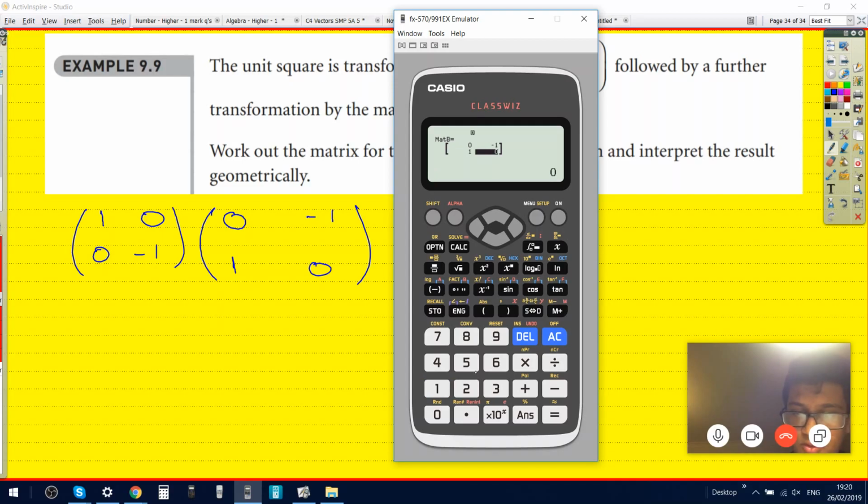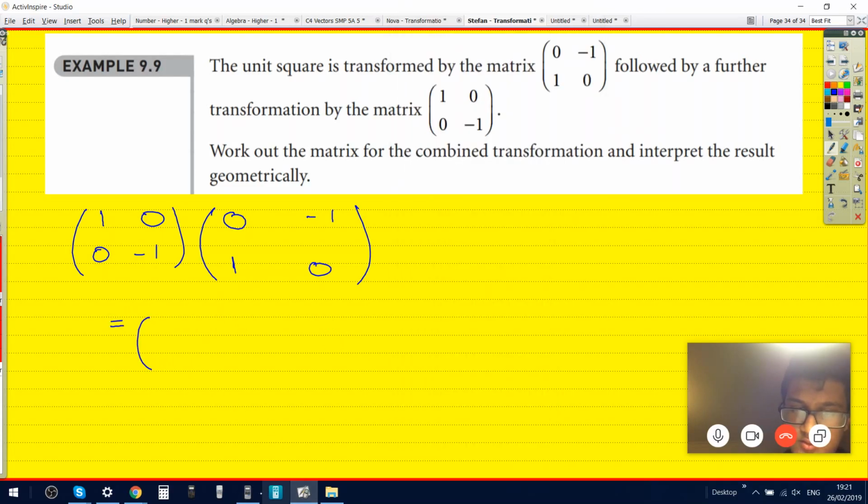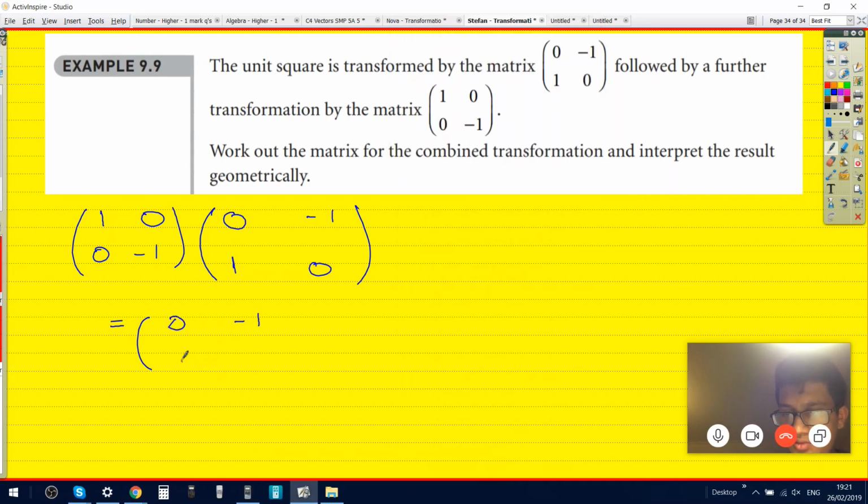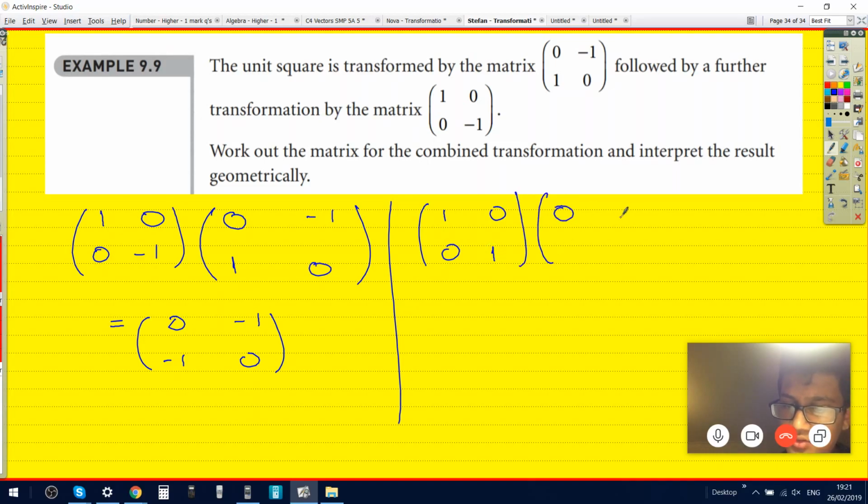And then you have 1 times minus 1 plus, okay, so 1 times minus 1 is 0 times 0. 0 times 0 plus 1 times minus 1. 0 times minus 1 plus 1 times 0. 0, minus 1, minus 1, 0.